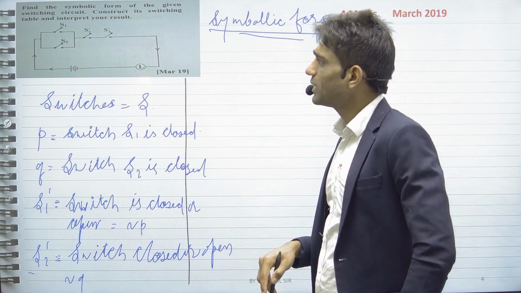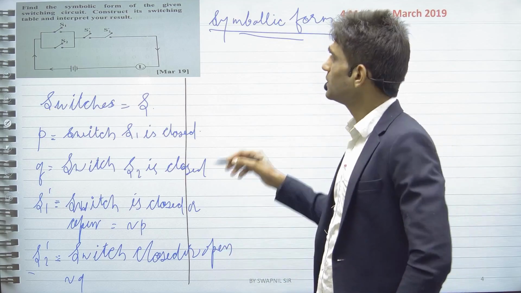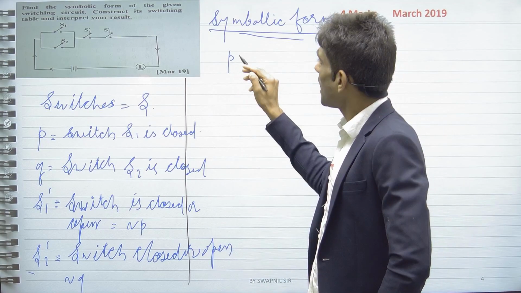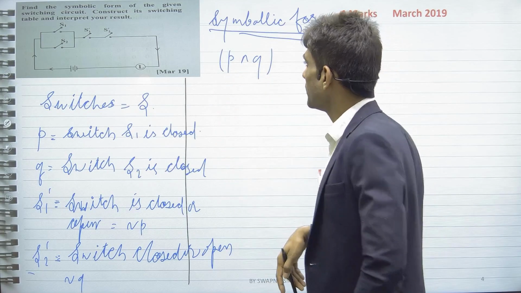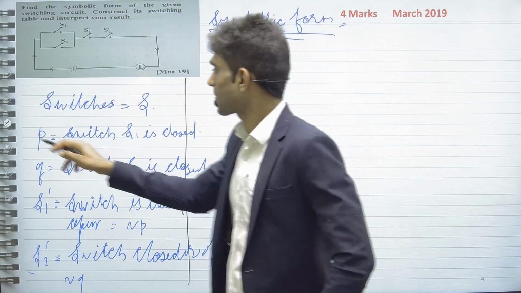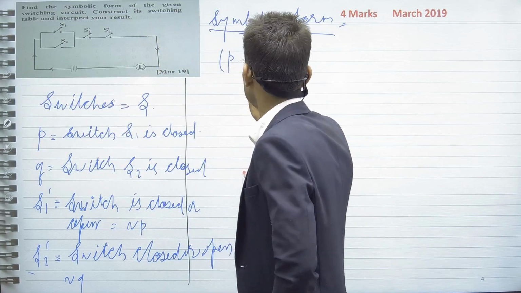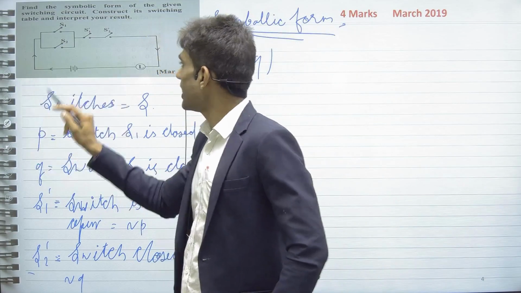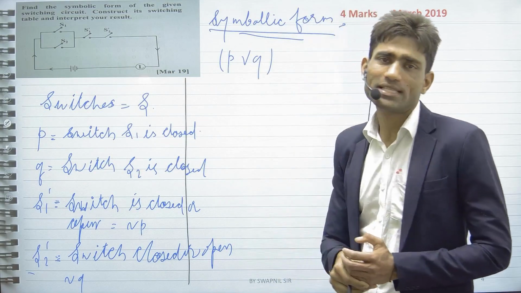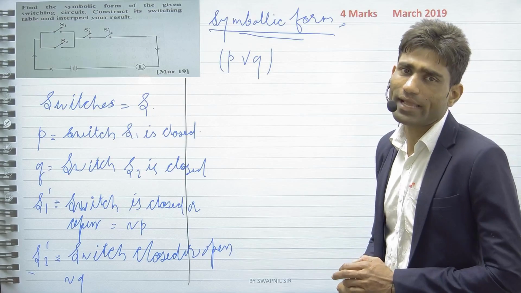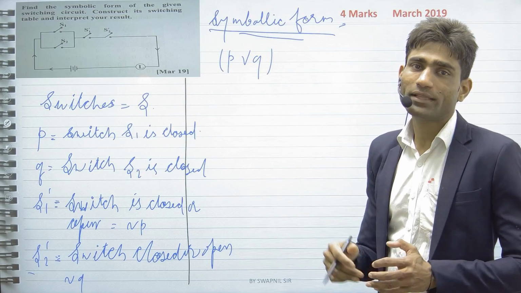S1 and S2 both are in a parallel condition. So P and Q, sorry, parallel means P or Q is coming. Not AND, P or Q. Between S1 and S2 we have a parallel connection, and a parallel connection always represents OR, because OR is used when one or the other is true.